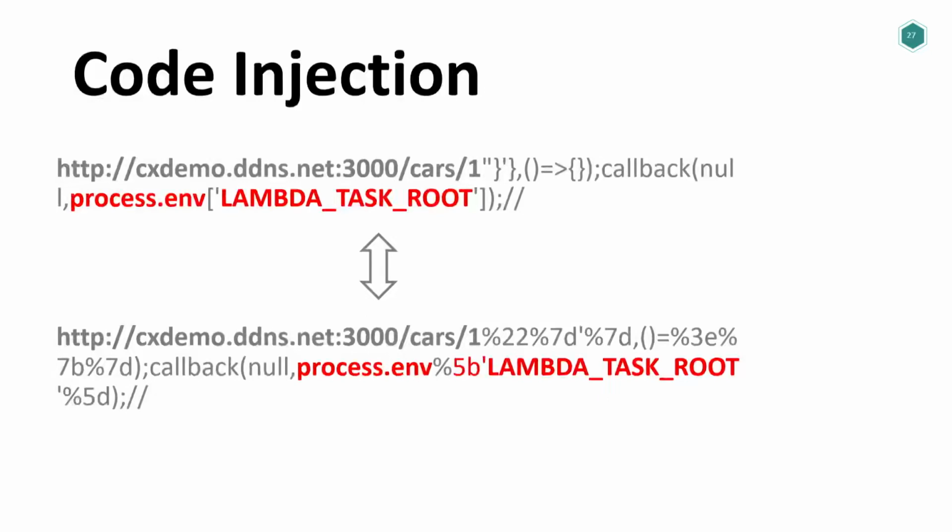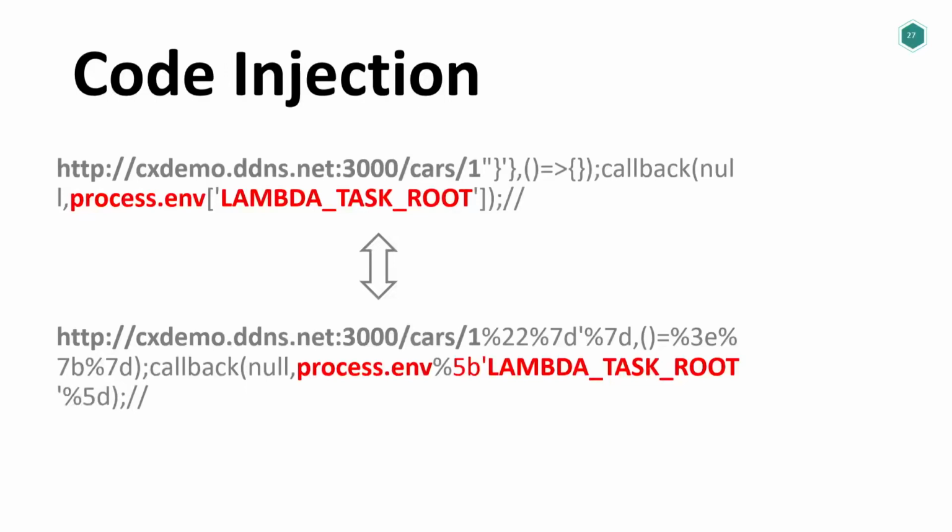And we tried that. We prepared a payload for code injection. You can see the encoded and the decoded code here, because we obviously used the encoded one, but I want you to see it. So we use the resource cars, we use the parameter 1, and then we escape it and do whatever we want.